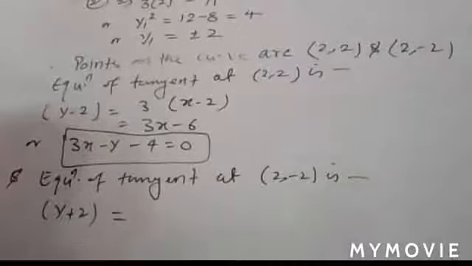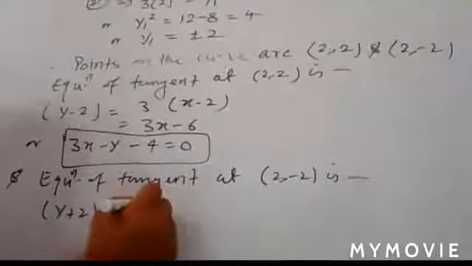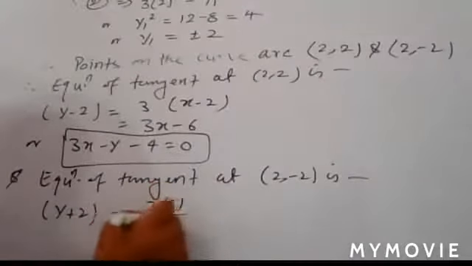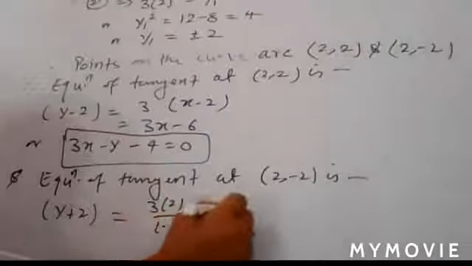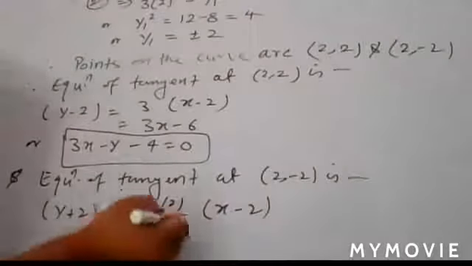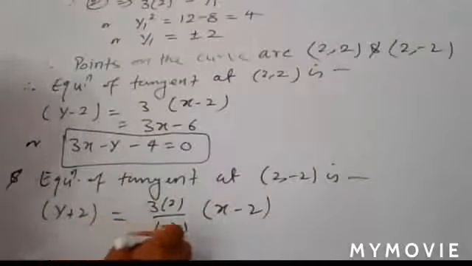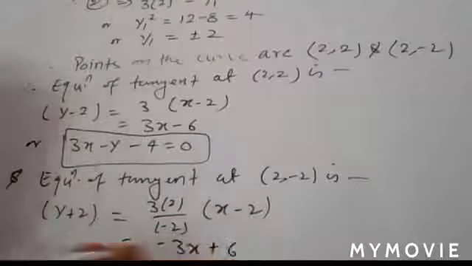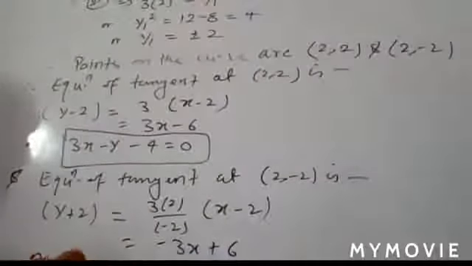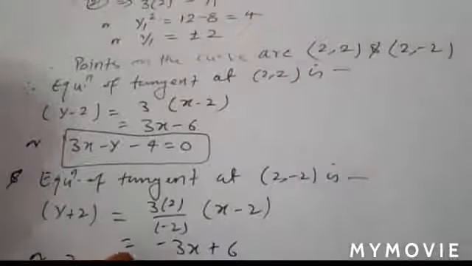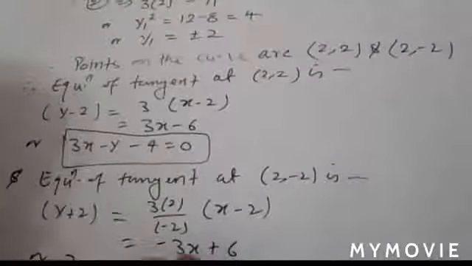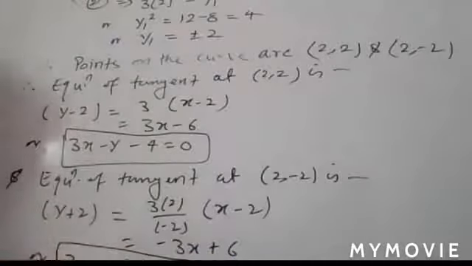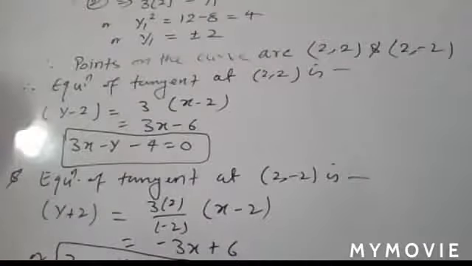So you write here 3x1 upon y1, that means 3 into 2 upon minus 2, into x minus x1. So here you have minus 3, so minus 3x plus 6. So your result is 3x plus y minus 4 is equal to 0. So that gives the equation of tangent.